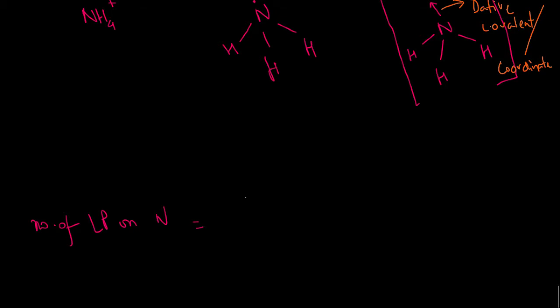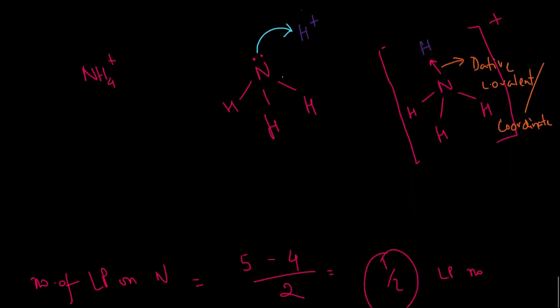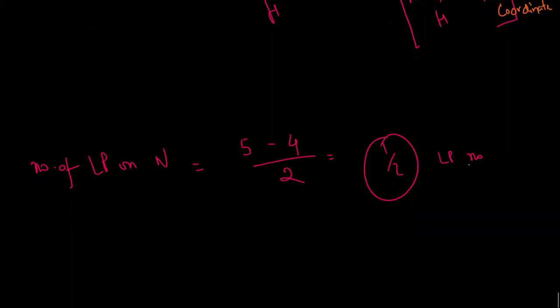So if group 5 minus the number of bonds formed here, which is going to be 4, divided by 2, you can see that you get a fraction. So this doesn't make any sense. So there are no lone pairs, because you need an integer here. The reason is that you have given that electron to the H plus ion, to the proton. So there are no lone pairs present in NH4 plus.